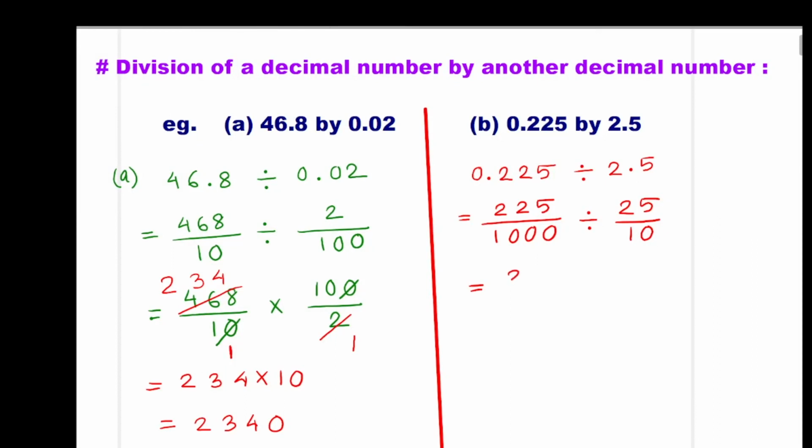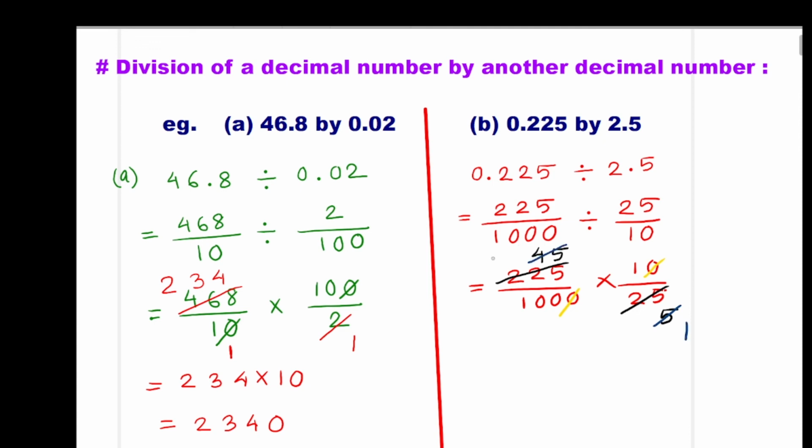Next, 225 by 1000 into 10 by 25. Again here, the last 0s we can cancel out. Next, 5 is divisible into both numbers. 5 5s are 25, 5 4s are 20, 5 5s are 25. So again both are divided by 5.